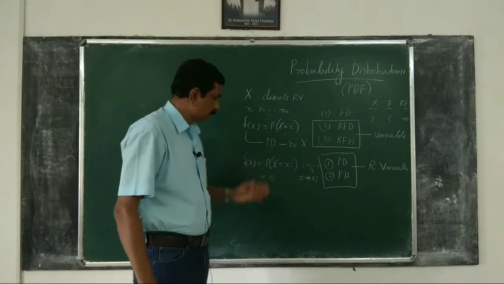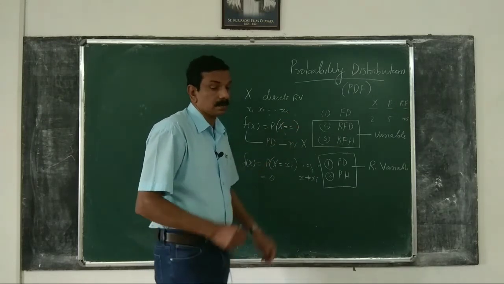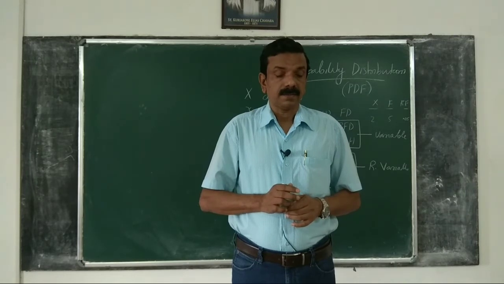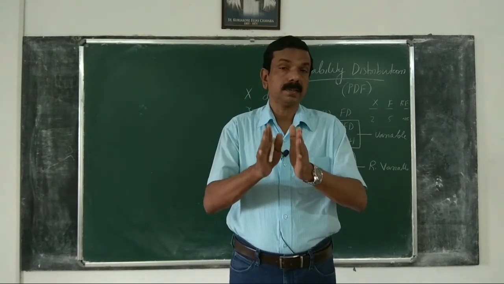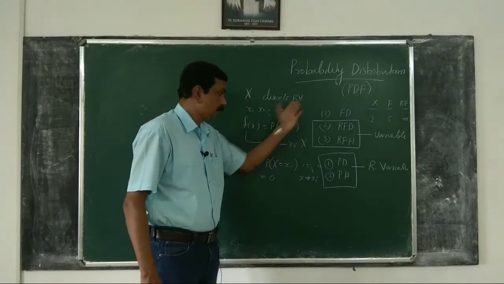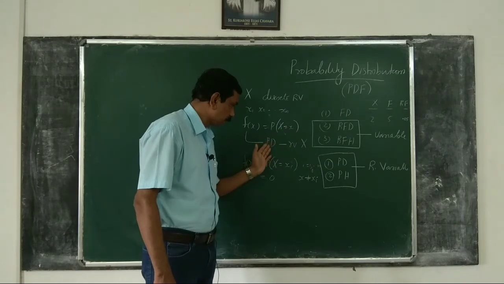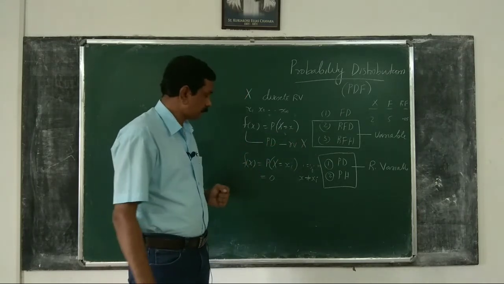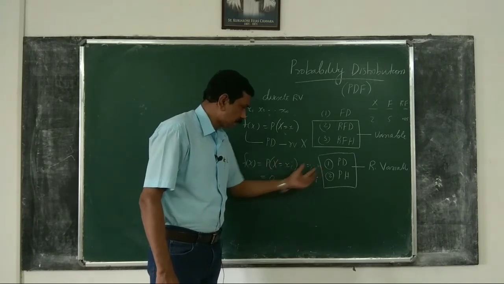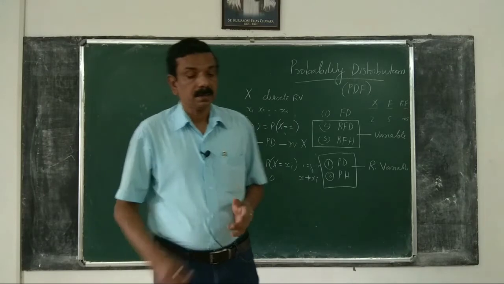This is called the discrete probability density function of X, or simply the probability distribution of X. If X is the random variable taking the values x1, x2, etc., xn, then f(x), the probability that X is equal to x, is the probability distribution of the random variable X.